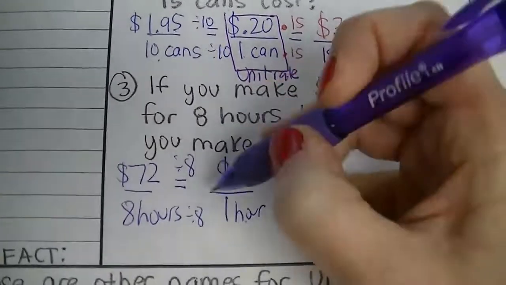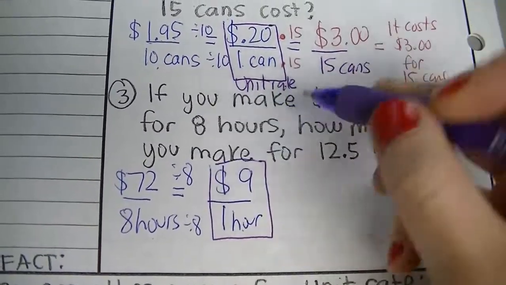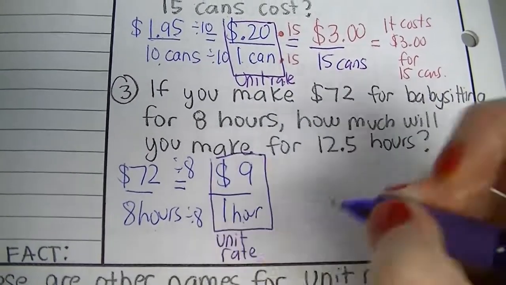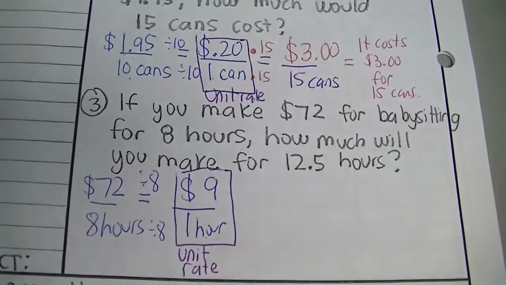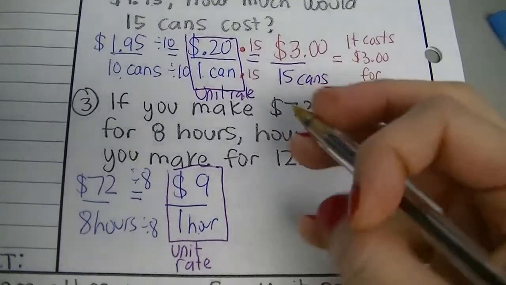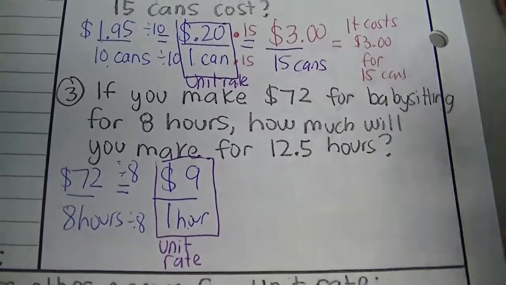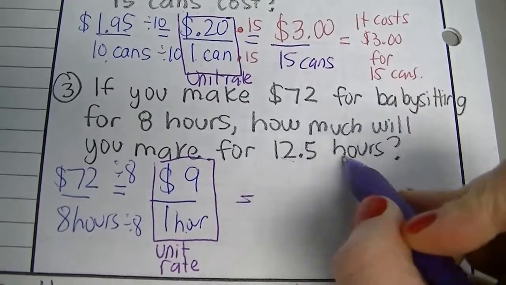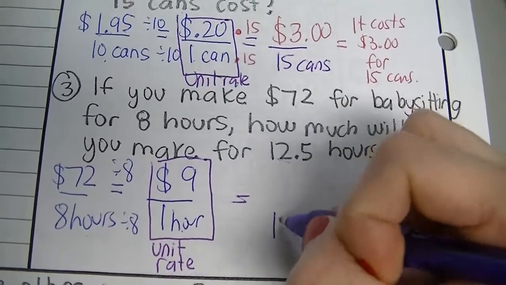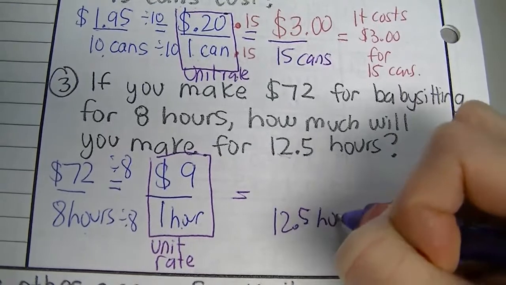And yes, please draw a box around that so I know that you are recognizing the unit rate, because that unit rate will help you figure out the unknown information due to something called proportionality, which is what we'll talk about later on, okay? So they are concerned about 12 and a half hours, and I see the hours is on the bottom, the denominator, so I'm going to write 12 and a half hours.